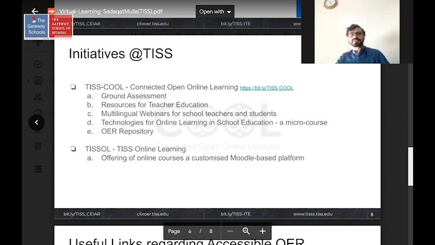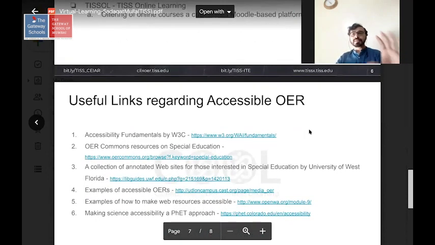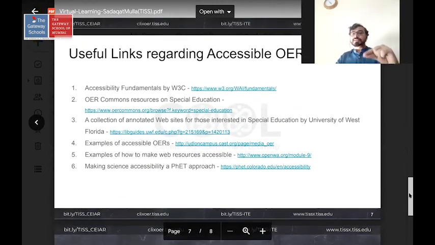At the university level, we also started putting in place a lot of mechanisms, which I can skip. In the next slide, I have put up some useful links, but I'd like to end with one suggestion.